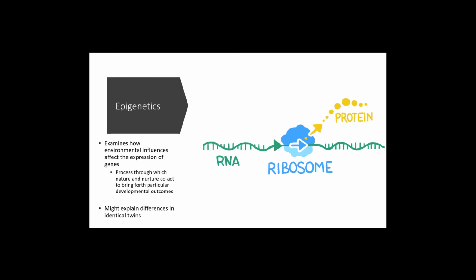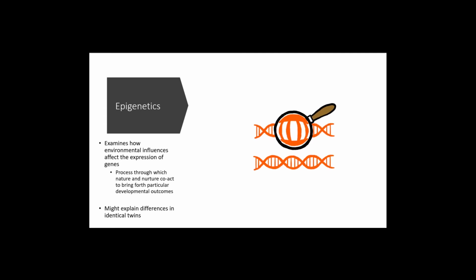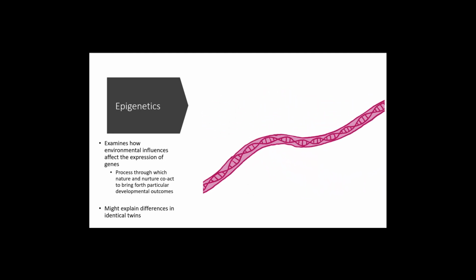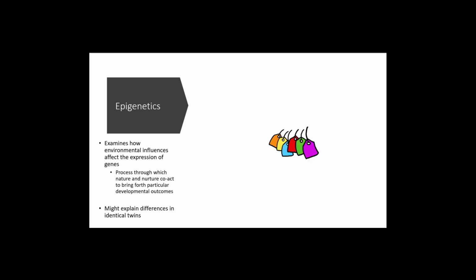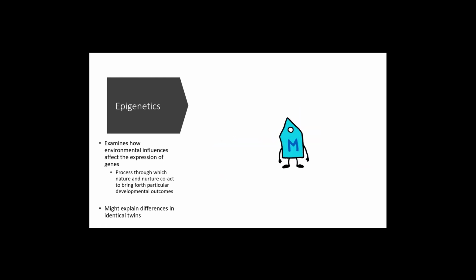Because even though both twins have the same susceptibility towards depression, one twin might be closer with their parents or might have different social groups at school. So they have different environmental influences that impact the same genetic disposition differently. Say one twin hangs out with a group of drug addicts.